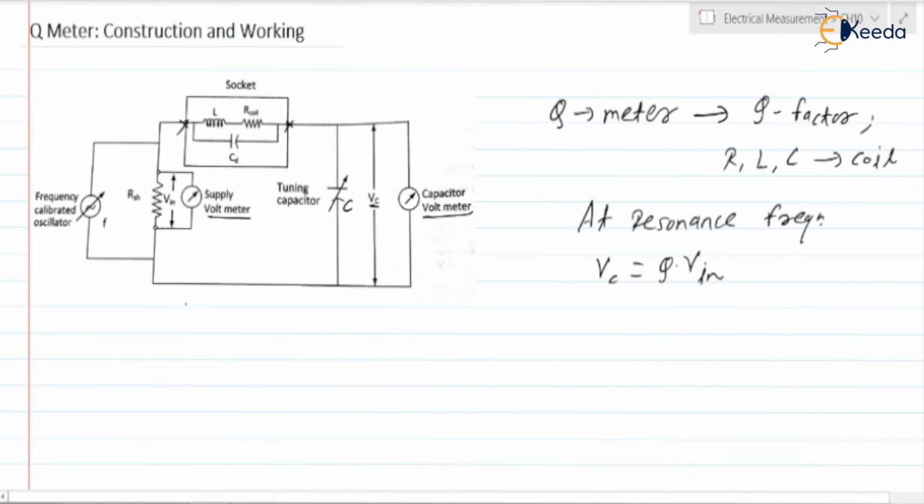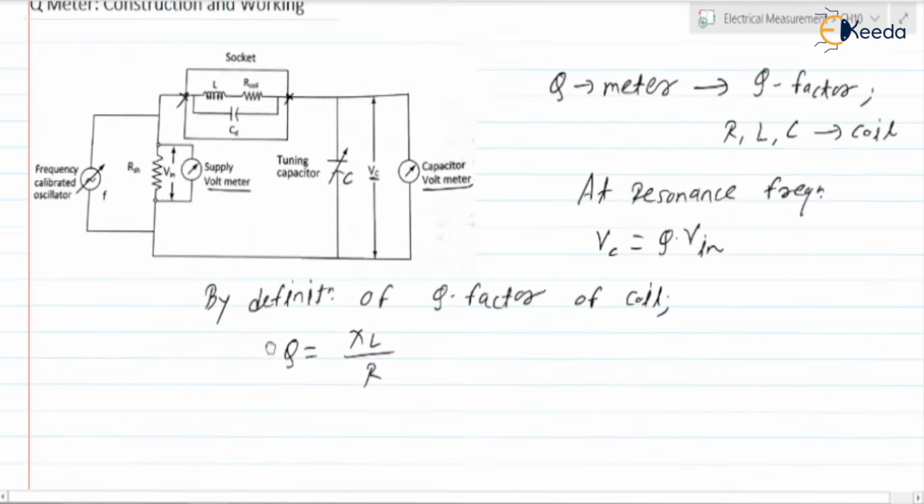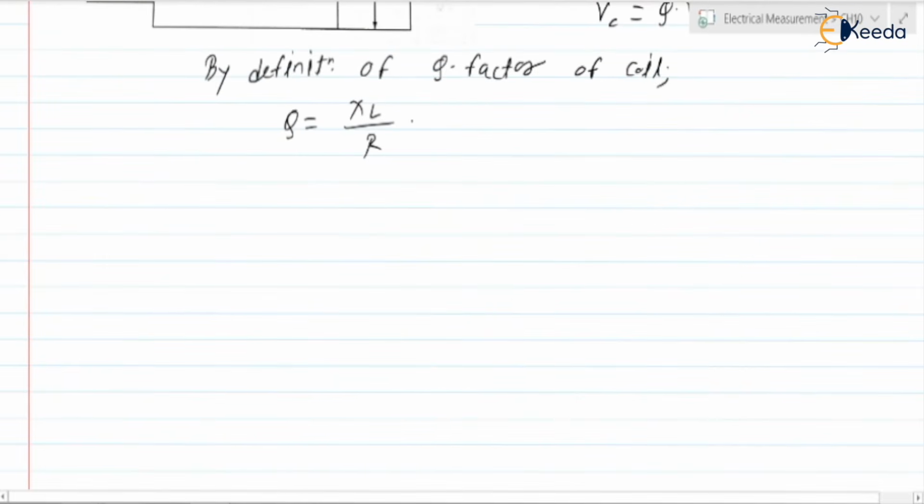So here we can write, by definition of Q factor of coil, Q is equal to XL by R, or omega L by R. This expression has been derived in the electrical network subject.